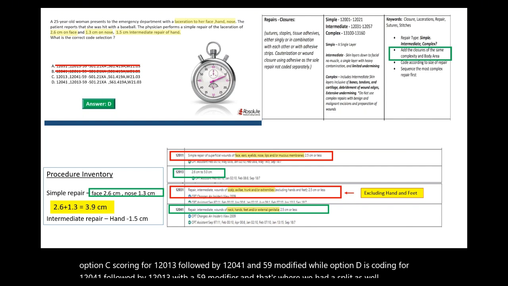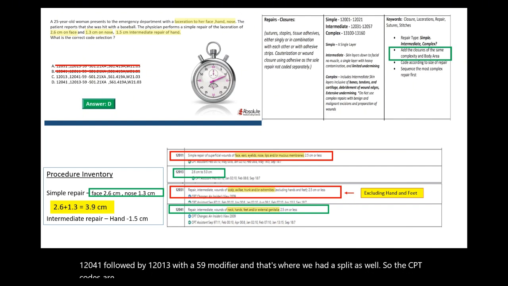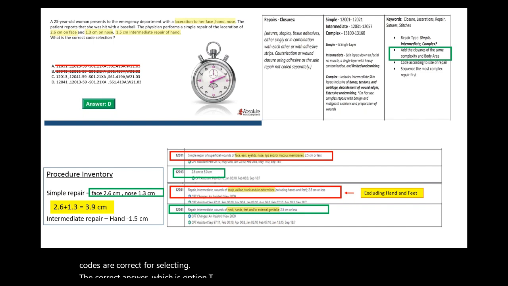So the CPT codes are correct. For selecting the correct answer, which is option D, we have to refer to bullet point number 4 from the FDR, which says to sequence the most complex repair first.